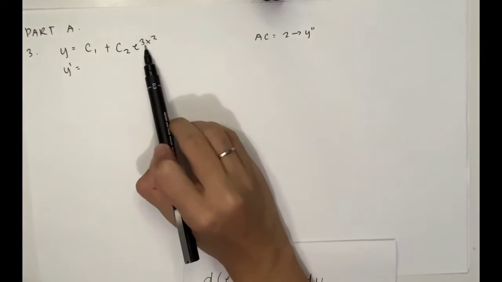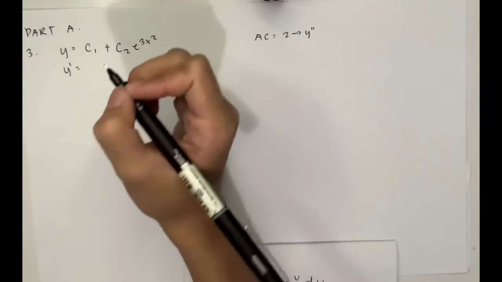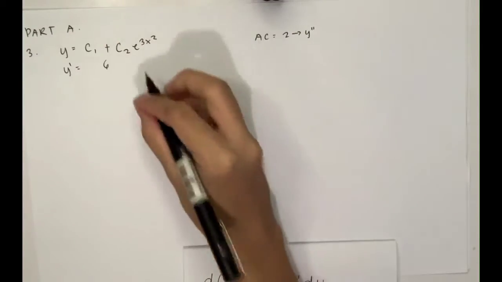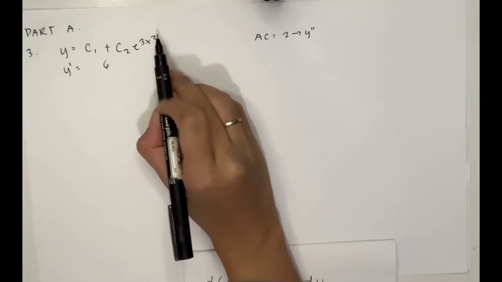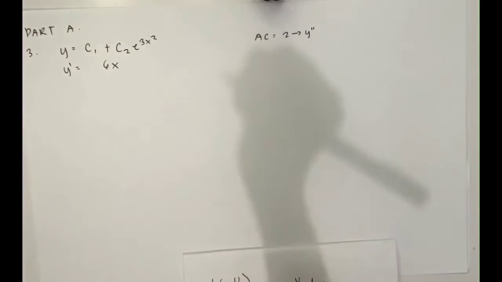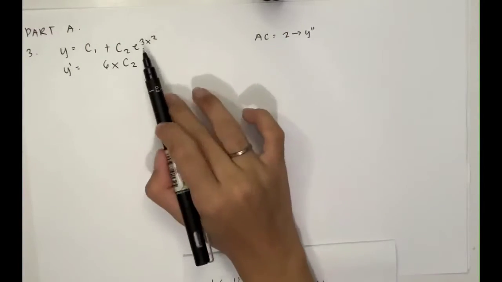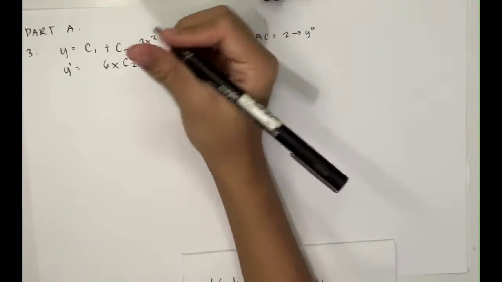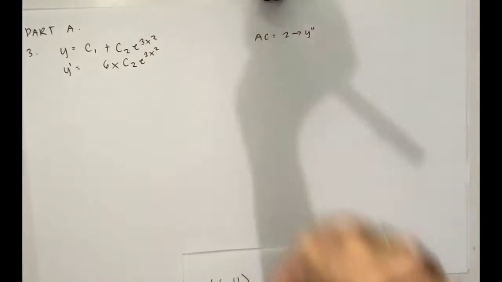So here, 3x squared, the derivative of that is equal to 6, 3 times 2, so 6, and x raised to 2 minus 1, so x na lang siya, and copy the c sub 2, and copy the e raised to 3x squared.